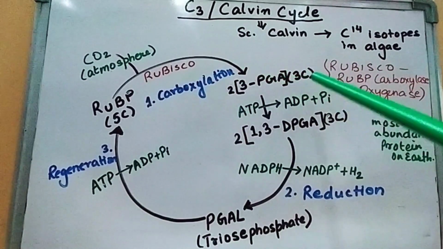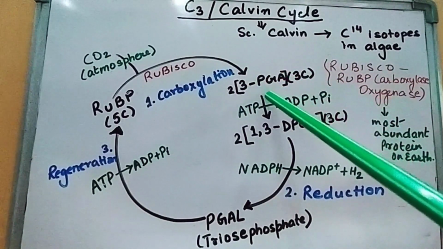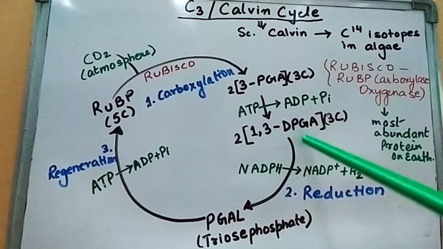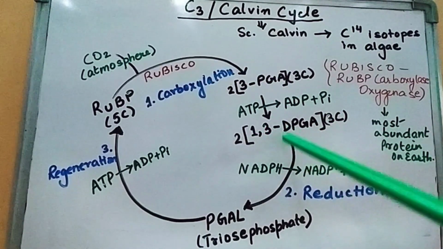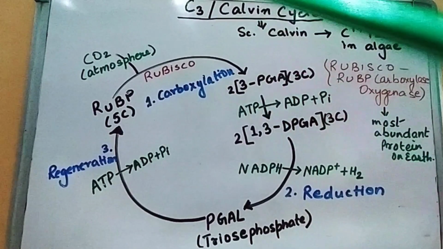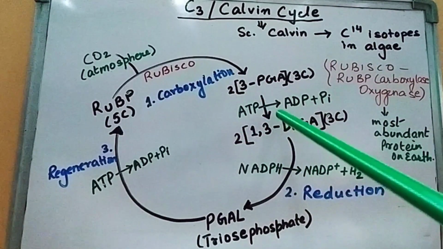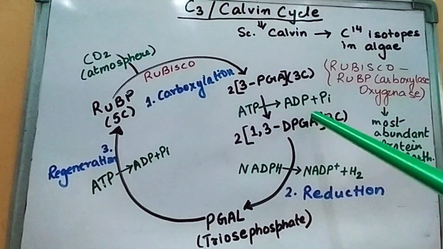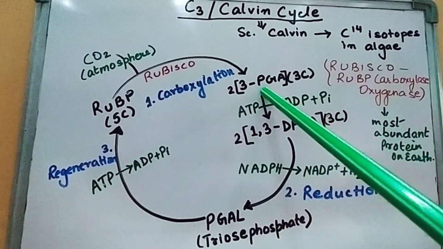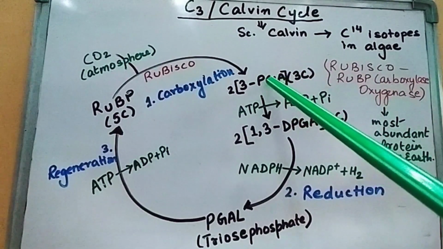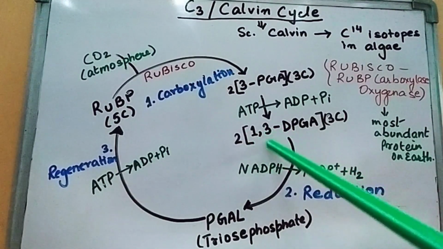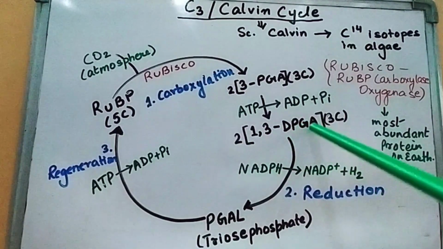Now after the production of PGA, the next step is the formation of 1,3-DPGA, that is 1,3-diphosphoglyceric acid, which is another 3-carbon compound. In this process you can see that a phosphate is added to the phosphoglyceric acid. That means here it was 1 phosphate, but here there would be 2 phosphates, 1,3-diphosphoglyceric acid.